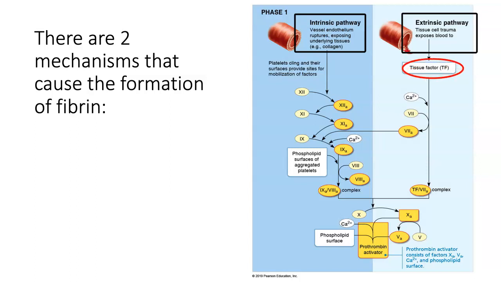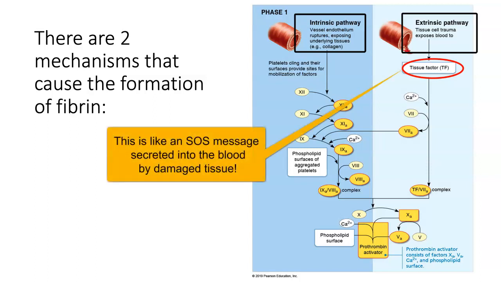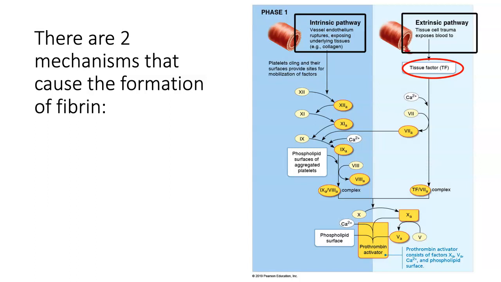Tissue factor, or tissue thromboplastin, is a chemical that's added to the blood from the damaged tissue. It's like an SOS message from the damaged tissue. Tissue factor is going to speed up the number of steps required to get to the bottom of this pathway. In other words, if damaged tissue secretes an SOS factor, like tissue factor, then that's going to speed up the process of clotting.